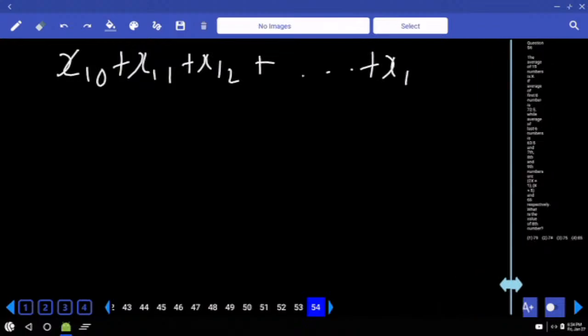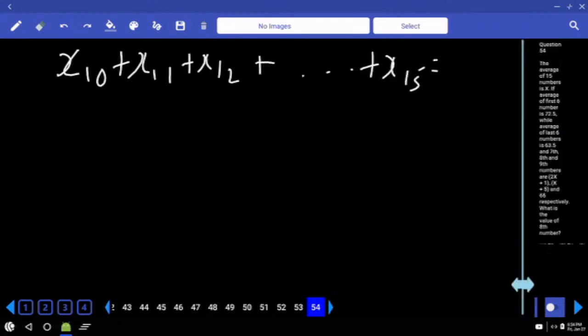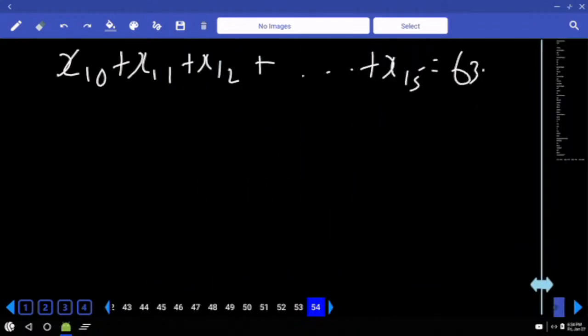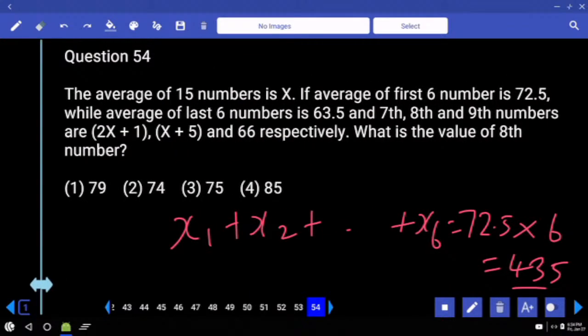What is the average he has given? 63.5. So 63.5 into 6 comes to what? 381.